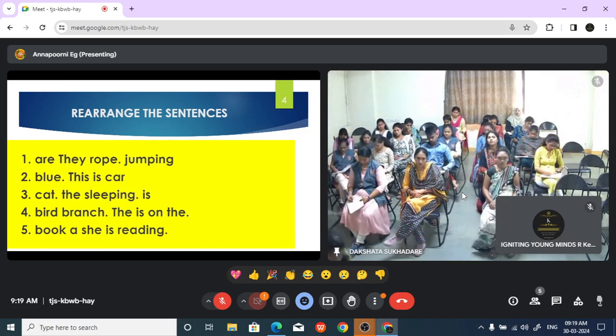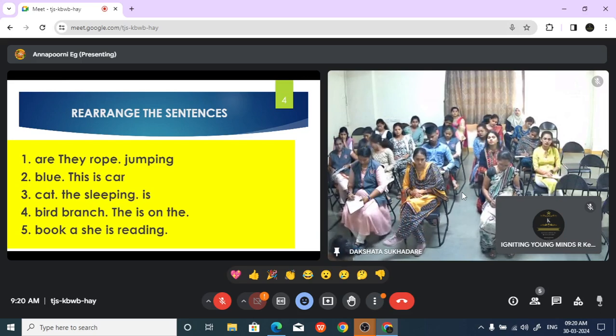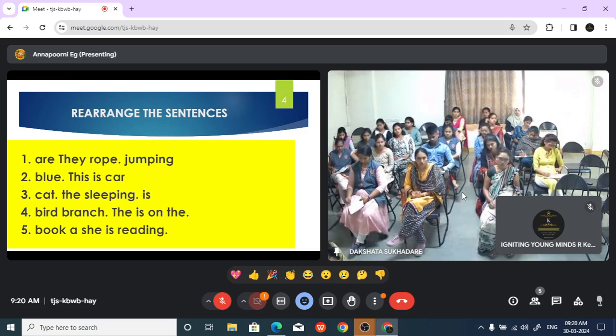These are the basic things we have to understand about a sentence. So now we checked what a sentence is. What all did we learn? What is a sentence, rules of a sentence, parts of a sentence, and how to rearrange the different types of sentences.